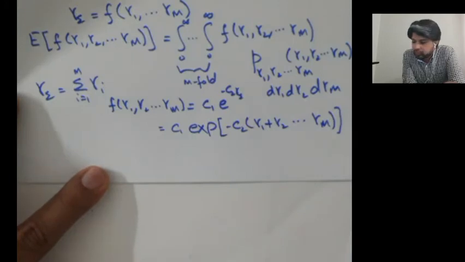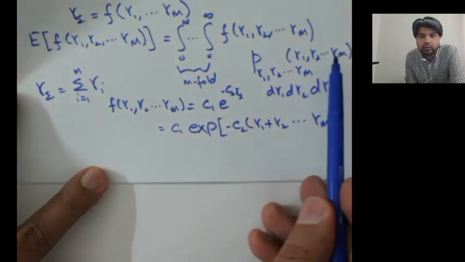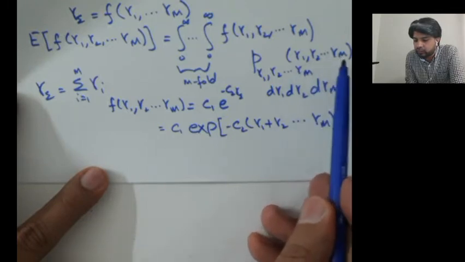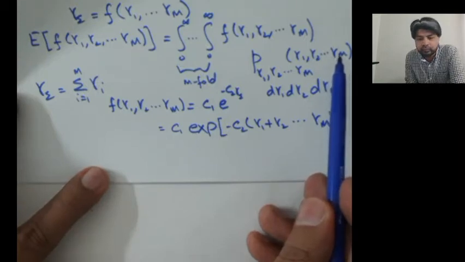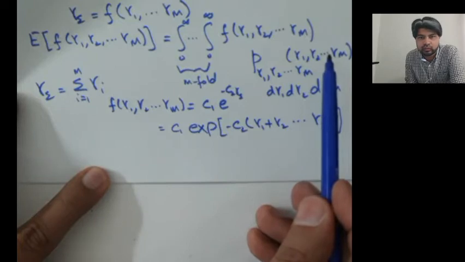Another thing you must keep in mind is that this is a joint distribution of gamma_1 all the way to gamma_M, and all of these random variables are independent of each other. Because they are independent, this joint distribution would simply be the product of the individual marginal distributions.